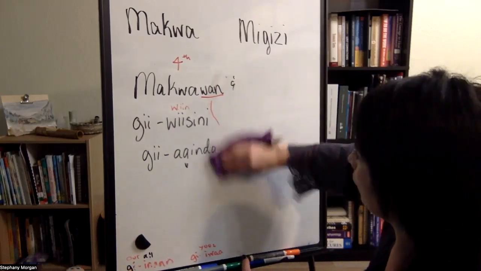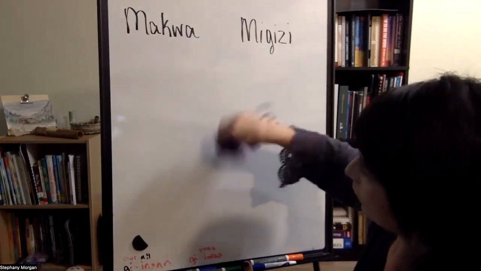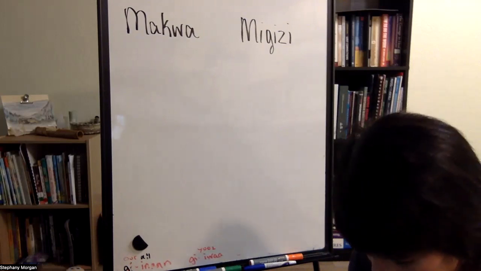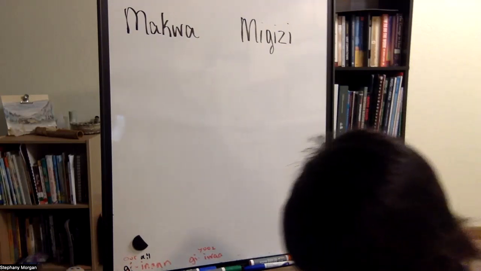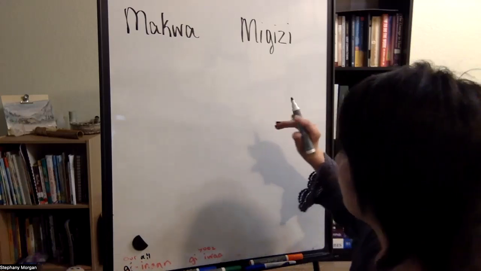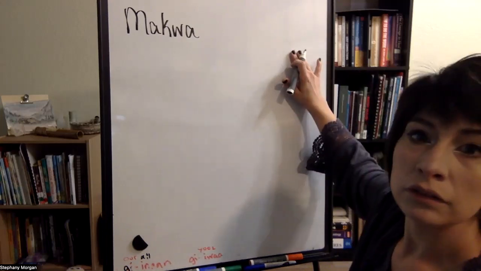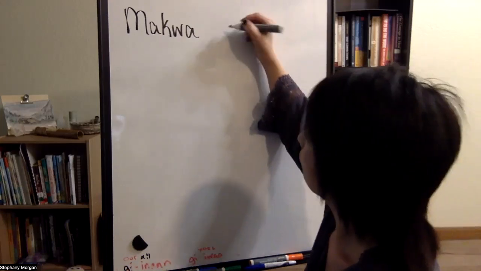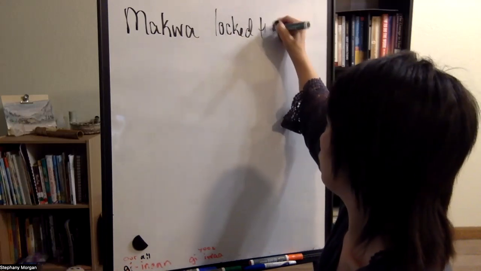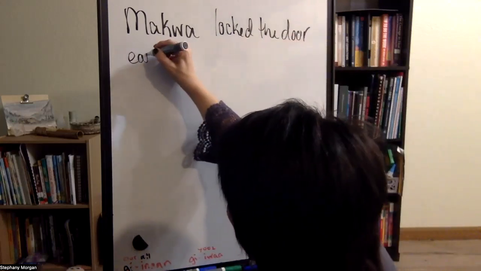Now we're going to try a compound sentence, because it happens in B form as well. I'll give it in English first. Makwa locked the door earlier.